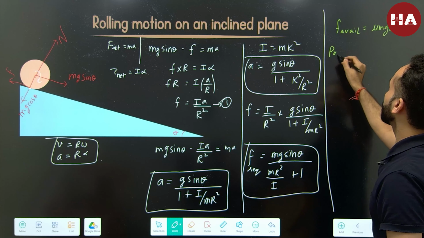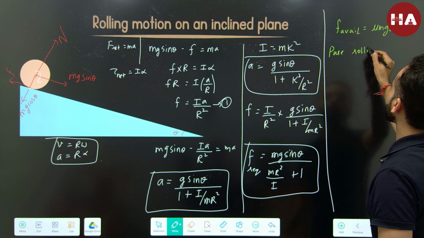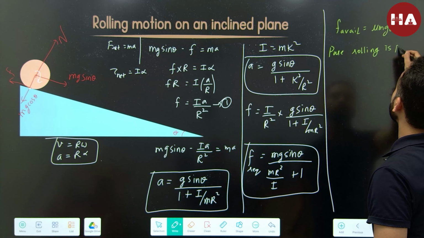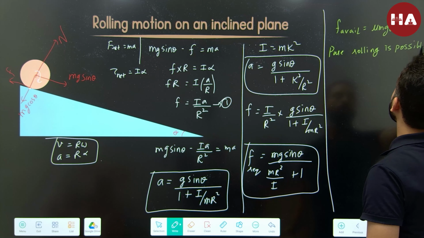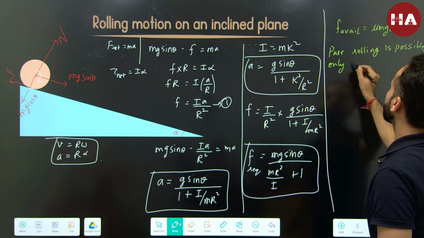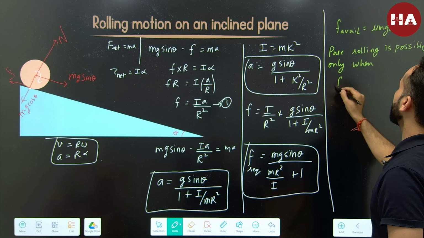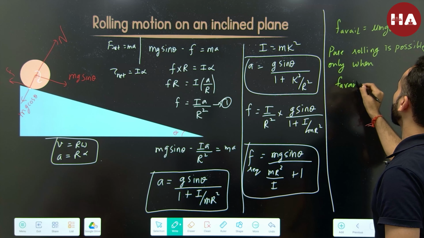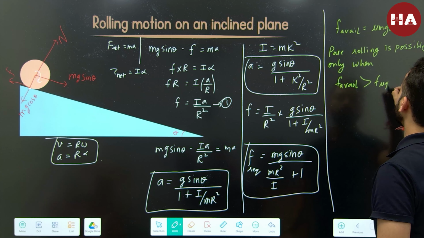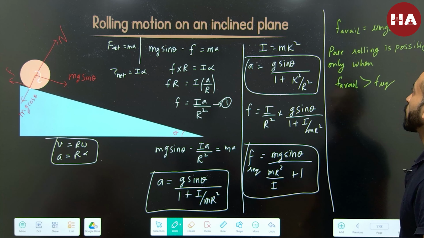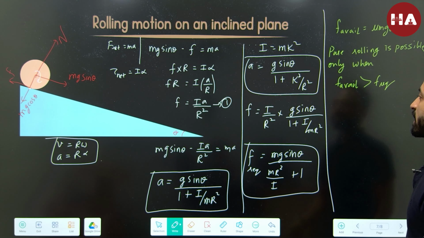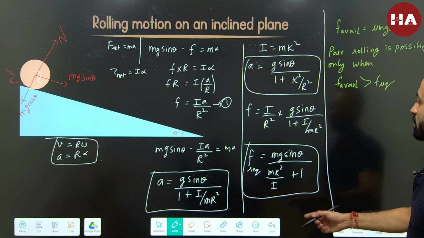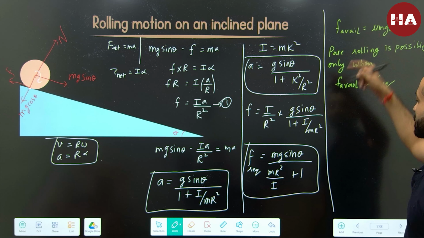So can we comment that pure rolling is possible only when available friction is more than what is required? Available is more than what is required. So can we write this greater than this?